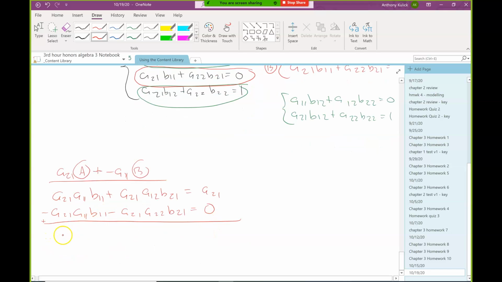Again, we're solving for B's, so I can notice each of these has a factor of B21. So I'm going to factor that B21 off, and then divide both sides by that quantity.